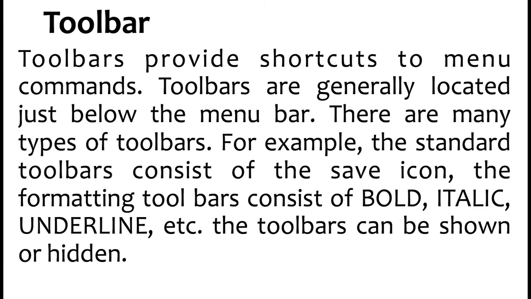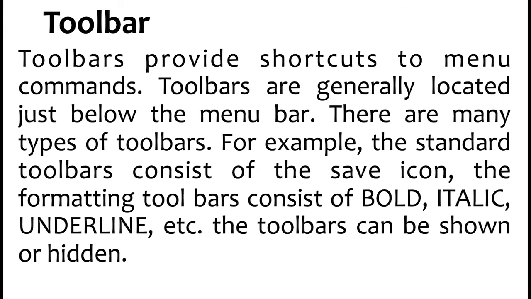We have the toolbar. The toolbars provide shortcuts to menu commands. Toolbars are generally located just below the menu bar. There are many types of tools. For example, the standard toolbars consist of the Save icon.